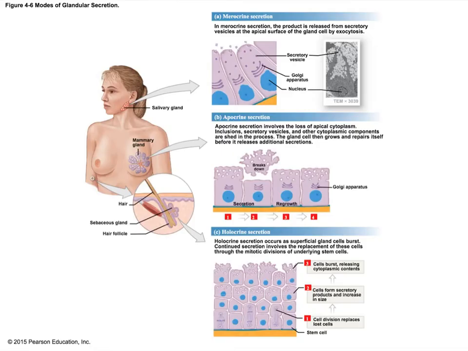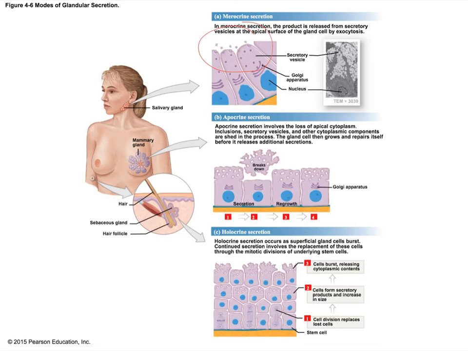Alright, this slide shows you better pictures than what I drew for you. Merocrine secretion, you have these little vesicles, you see them going towards the cell membrane, and they're releasing their contents out of the cell. Up here, you see the vesicles releasing the contents.